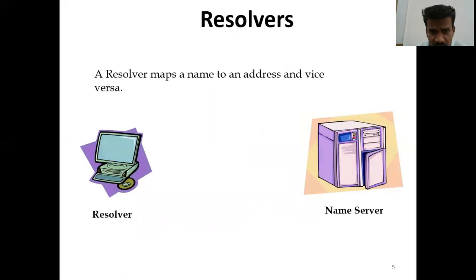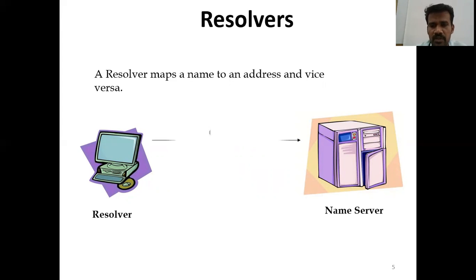The resolver is the main part that comes here. The resolver maps the name we give as a website address to its respective IP address, and also vice versa: if you give an IP address, it maps to its respective website address.